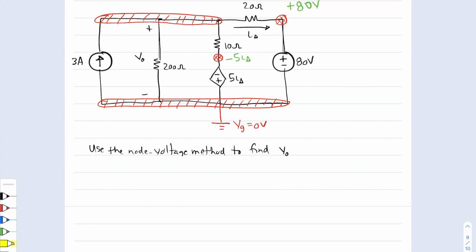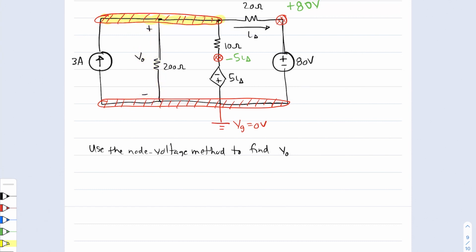So here, one of the things that I can do is this node, I could give it a variable name, but notice that we already have a variable name established for it. When I go from the ground node up to that node in question, I'm going through a voltage rise of V naught. Why? Because it has this particular polarity.